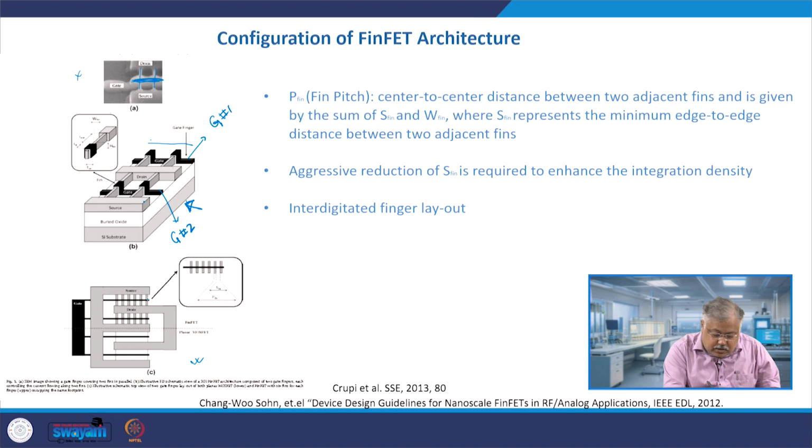So, you have these fins which are running across the board here, right, and then you have the gate which is the black colored gate here. So, it is 1, 2, 3, 4, 5, 6 fin structure which you see here, and then there are 6 fin structures here. So, effectively there are 12 fins.